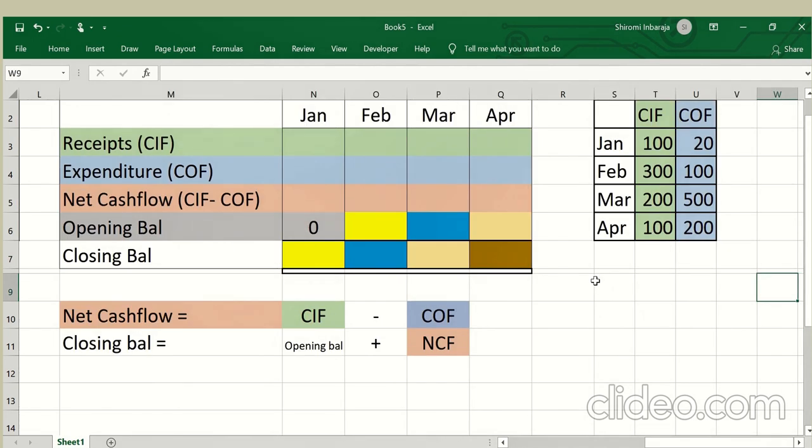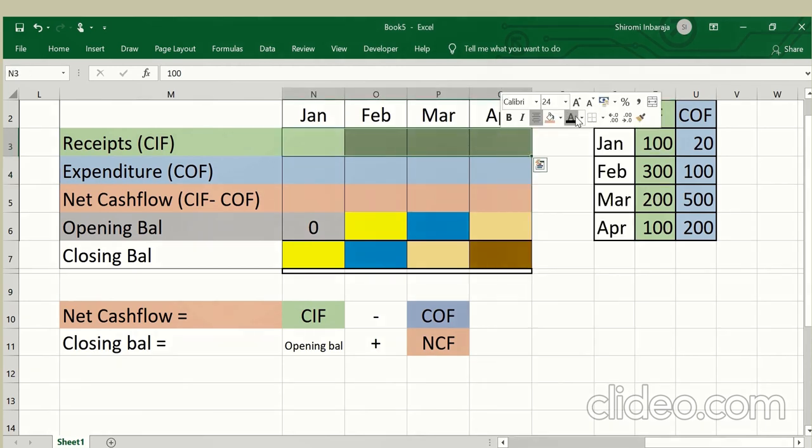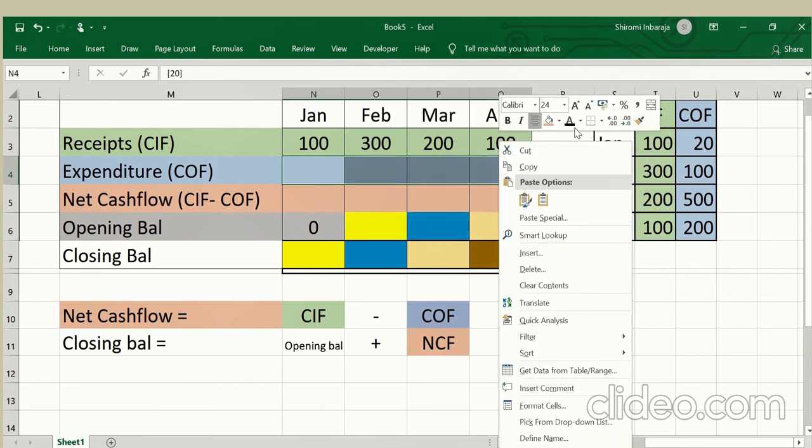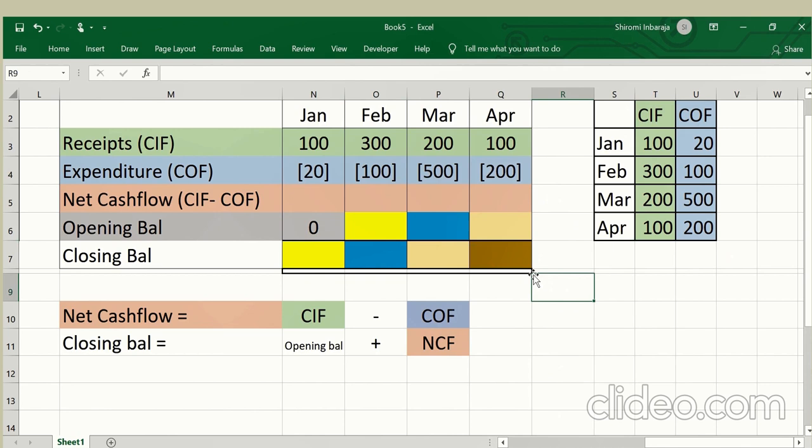Now let's look at an example where there could be a situation to gain a negative figure in the cash flow forecast. As we did before, let's enter all the cash inflows, followed by the cash outflows. Now let's find the net cash flow difference between the cash inflows and cash outflows.